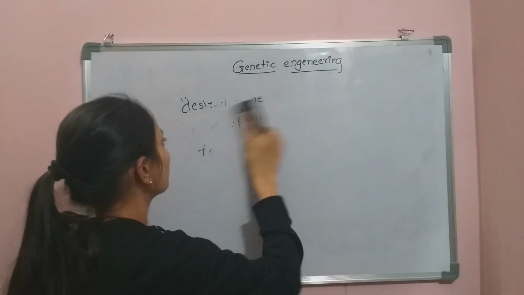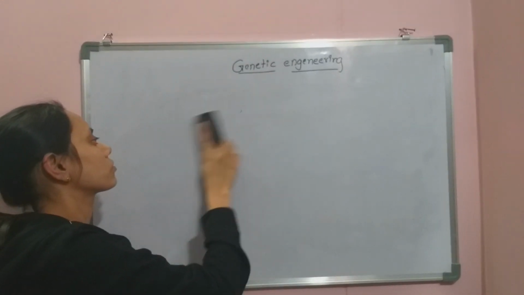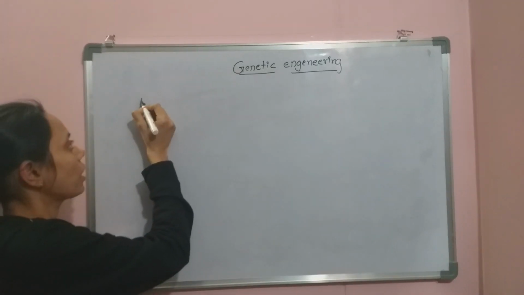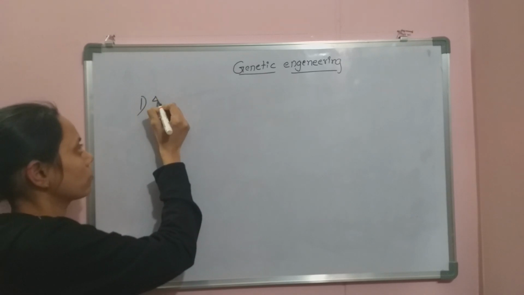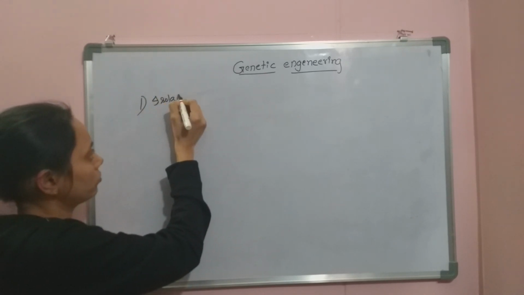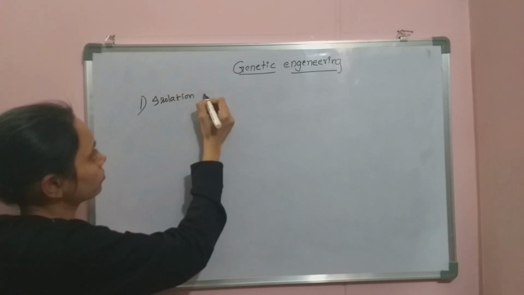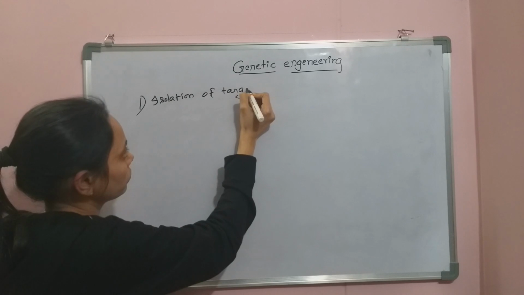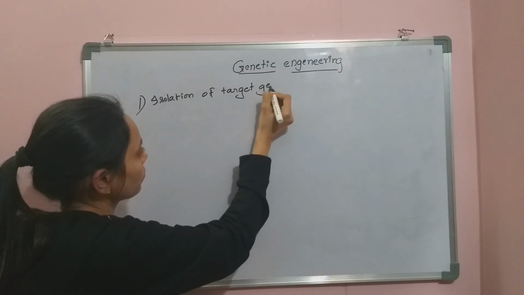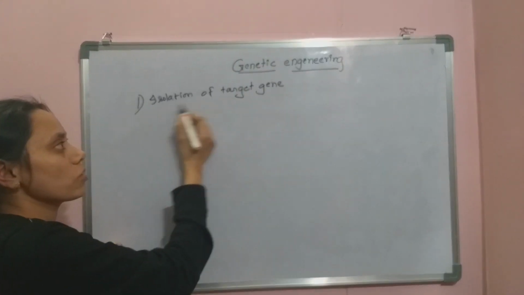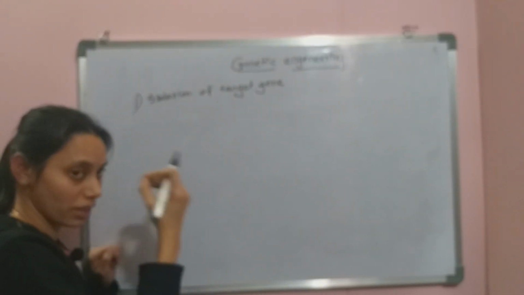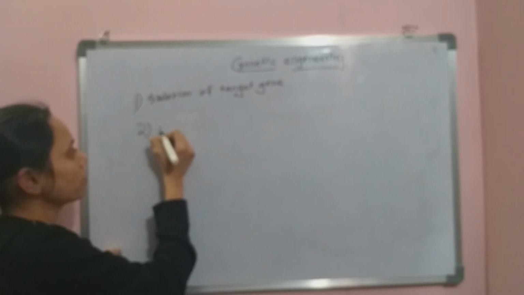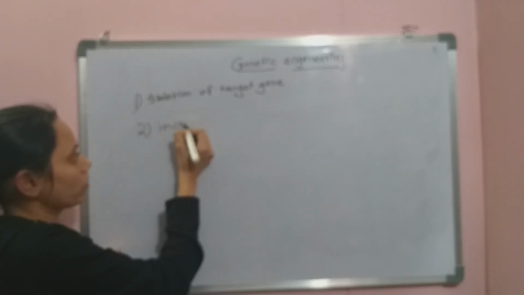So coming to the key steps. Here first we need to isolate a target gene, and secondly we need to insert it into a suitable vector.